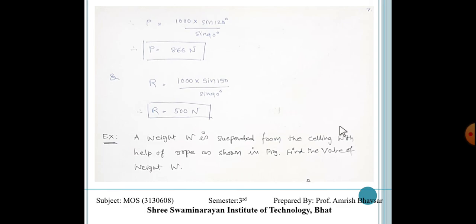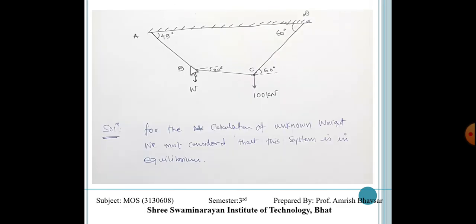Find the value of unknown weight. This is our simple system, and whenever there is a two force system, we must consider that this system is in equilibrium. For the calculation of unknown weight W, we must consider that this system is in equilibrium.